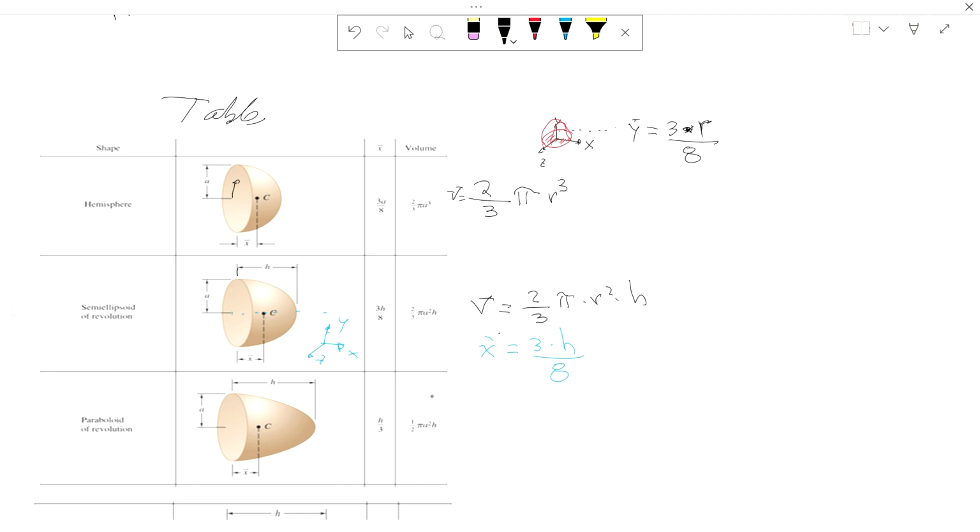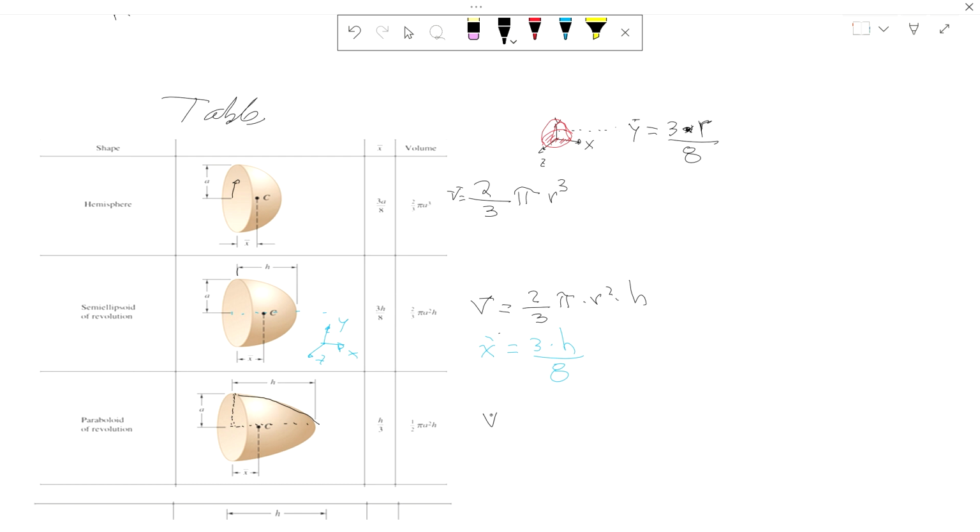All right, this is a parabolic. Well, this is a parabolic revolution. So if you have a parabola, and for those of you who took CAD or AutoCAD, you know that if you revolve the surface and then create a volume, then you have a 3D solid body.